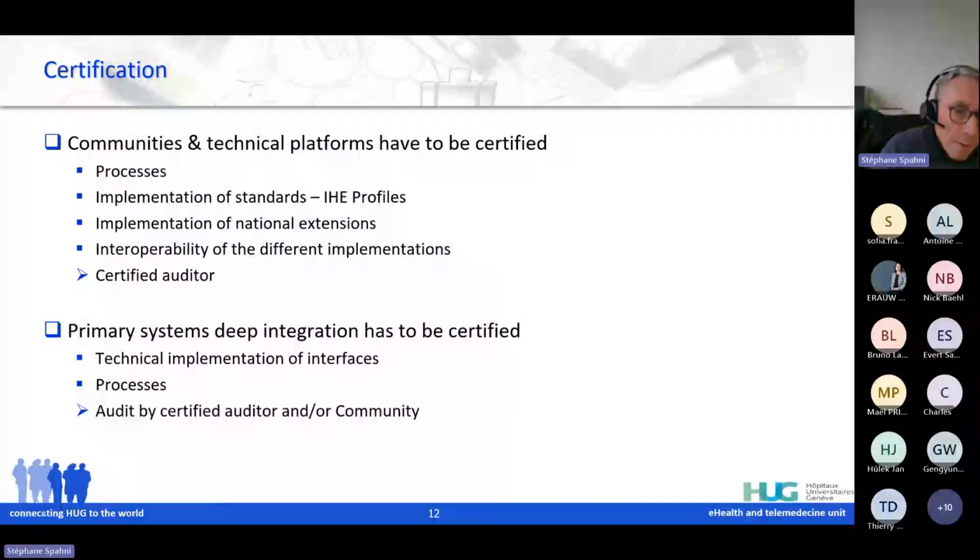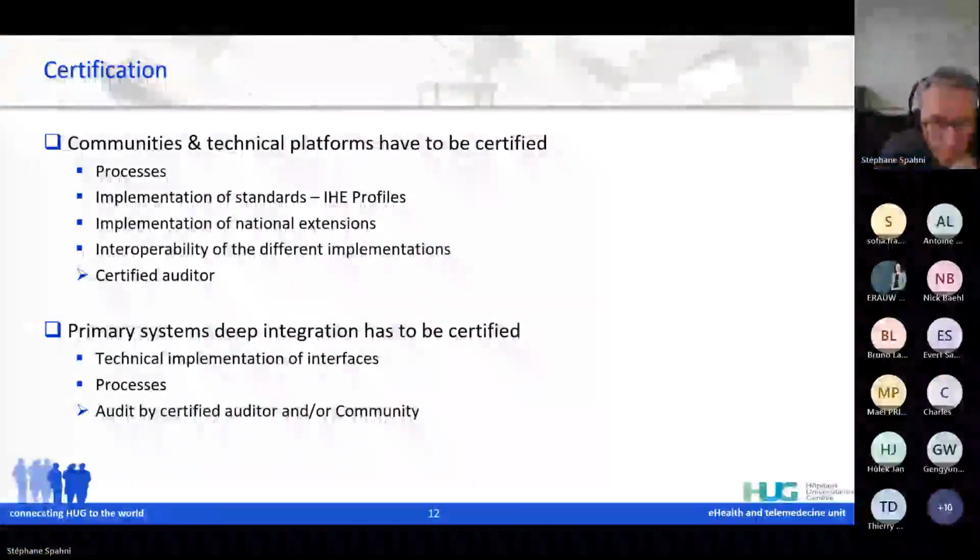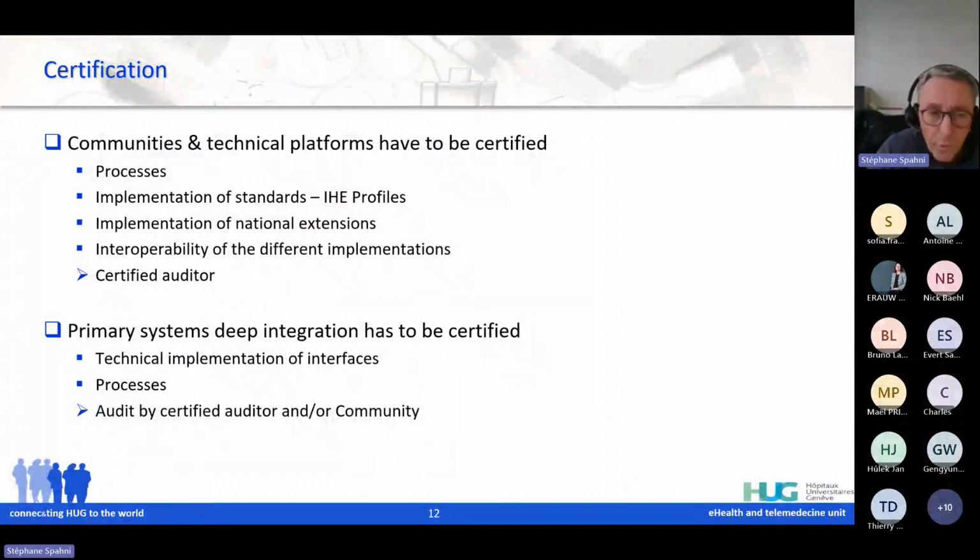Primary systems making deep integration also have to go through a more limited, but still a certification, of the technical implementation of the interfaces with the community. The administrative processes are certified, and this audit is performed at least every 2 or 3 years by a certified auditor, and in between by the community the primary system is affiliated to.